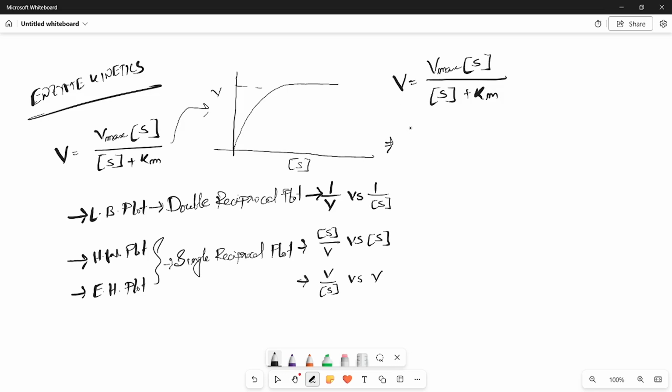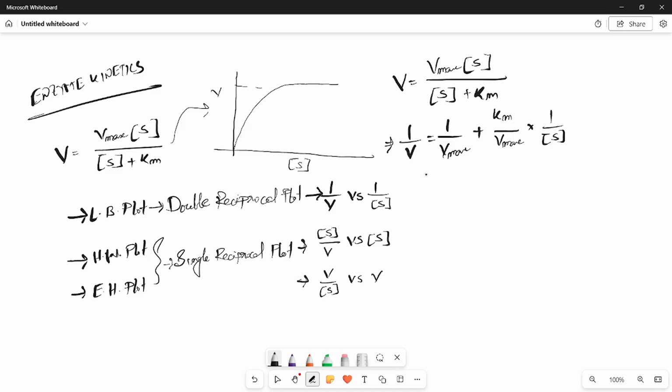Reciprocating this equation, it becomes 1 by V equals 1 by Vmax plus Km by Vmax into 1 by S.